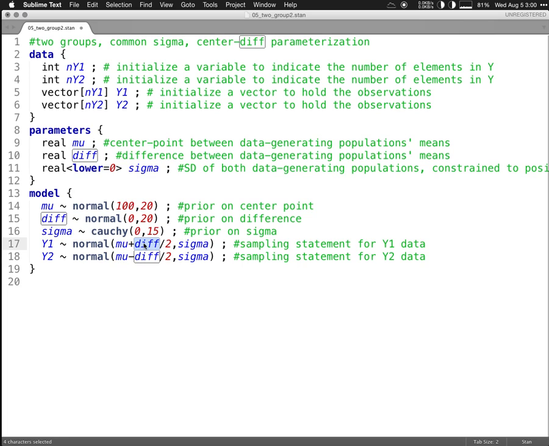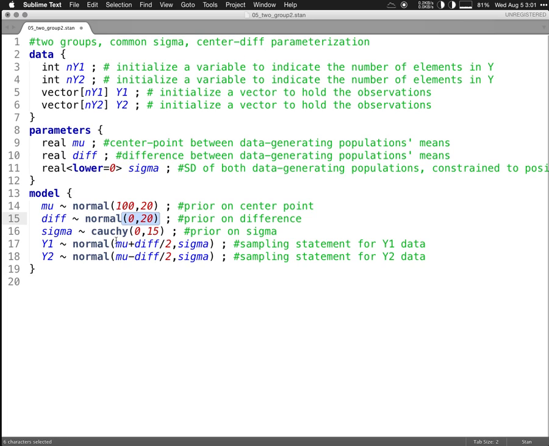This difference actually could be signed. If it's a positive difference, then y1 being mu plus difference, y1 will have a mean greater than y2. But this difference alternatively could have a negative value. If you have mu plus a negative value, it means y1 will be less than y2. Again, since we're centering the difference on 0, it will work out the signs by itself.